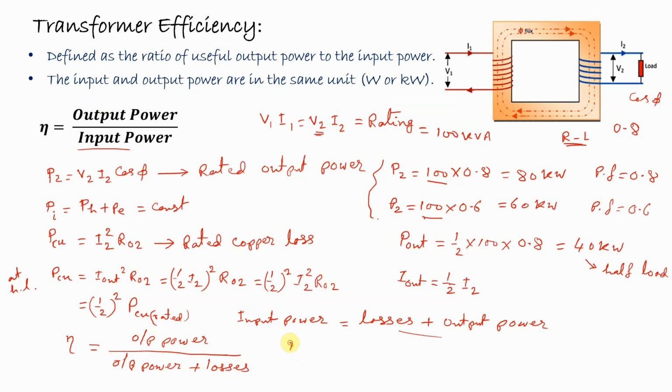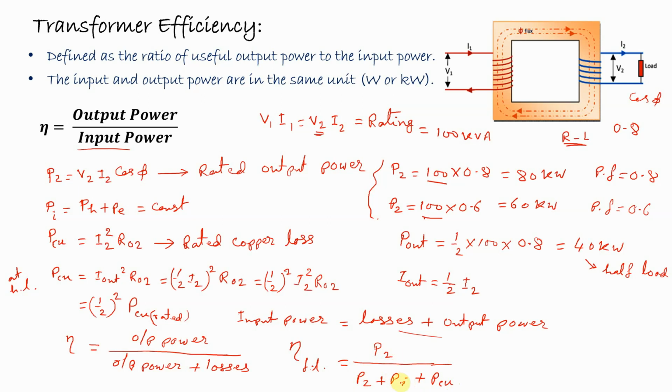So at a rated condition, the efficiency at full load condition can be written as P2 upon P2 plus Pi plus PCU. So this is the rated output power at full load condition upon the output power plus losses.